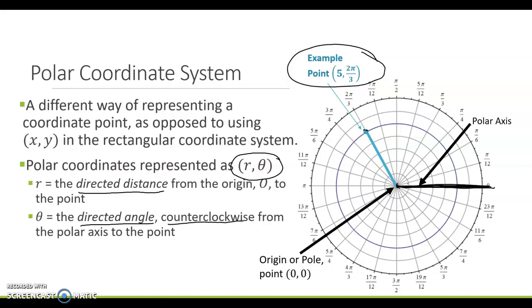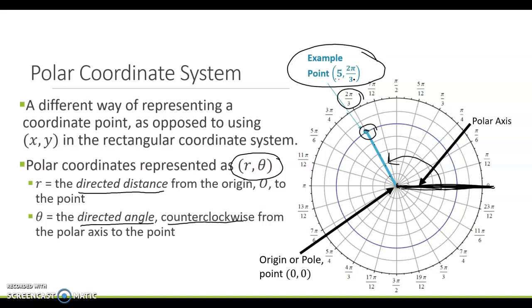So here's my point, circled it. Notice that it's 1, 2, 3, 4, 5 circles out, giving it an r value of 5, and from the polar axis around, it has an angle measure of 2 pi over 3. So this point is the point (5, 2 pi over 3).